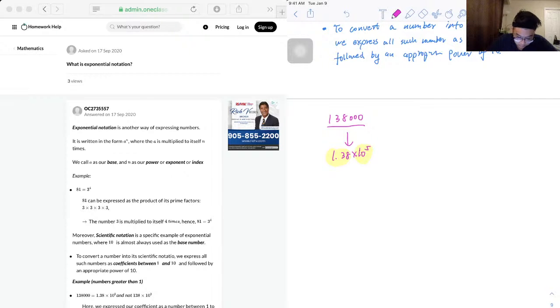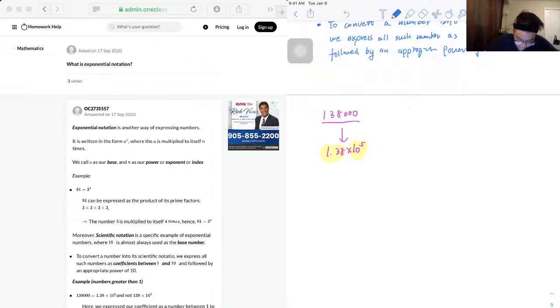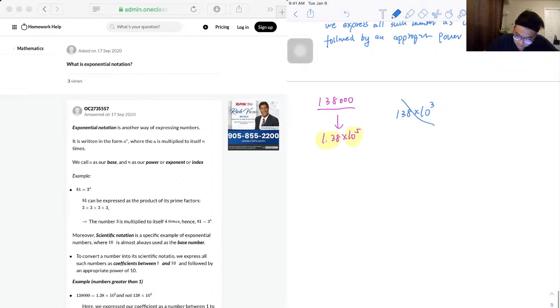And so if we have, say, 138 times 10 to the exponent of 3, this is not going to be correct since the first part is greater than 10. Okay?